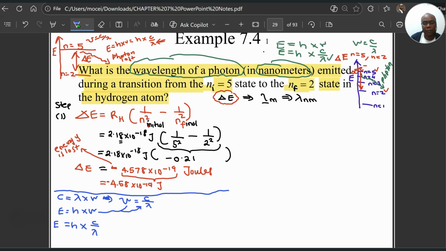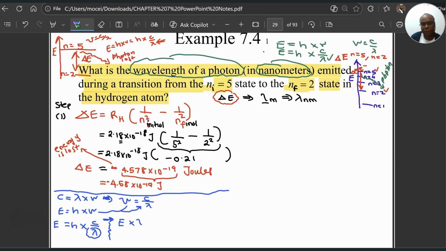Our interest is the wavelength. So let's solve for wavelength. We are going to multiply both sides of this equation by wavelength.